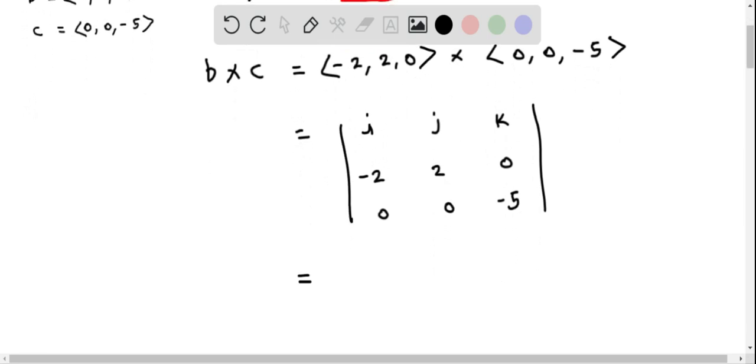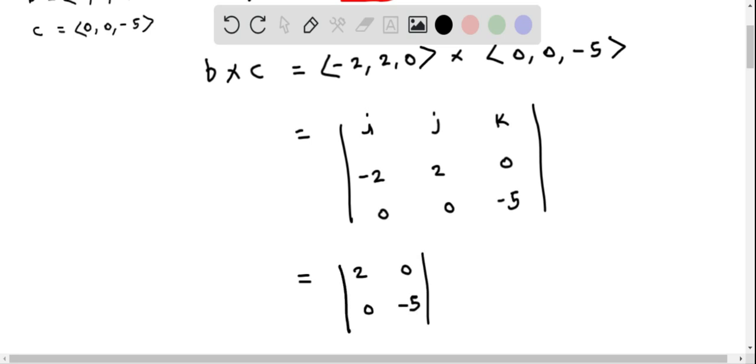So first, let's expand along the first row. When we do that, we will put i and then leave out the first row and the first column. And when we do that, we will get only this, that is 2, 0, 0, negative 5.